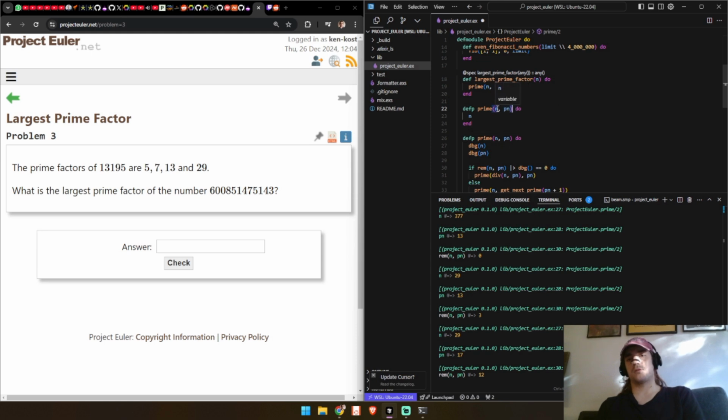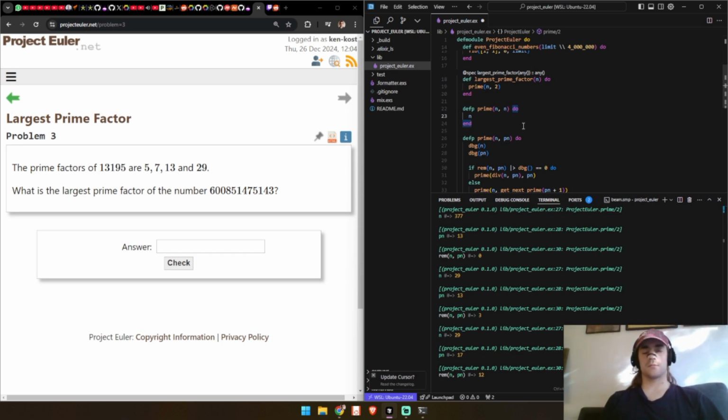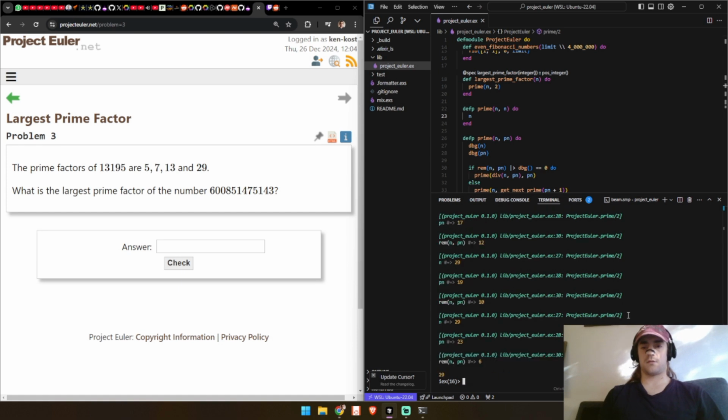So if a value matches an n variable, and I say this is also an n variable, these must have the same value, and only then can it match. Alright. So I think we fixed the bug. And we got 29 here, which is good.